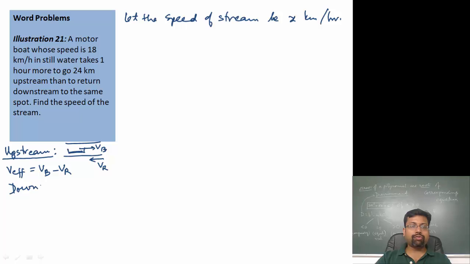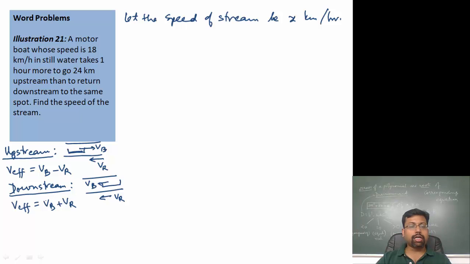So in that case it will be Vb minus Vr. Similarly, in case of downstream, as the name suggests, it will be exactly opposite to upstream. You have the river flowing in this direction at Vr, and the boat also goes in the same direction. In this case, the effective speed of the boat is going to be Vb plus Vr.